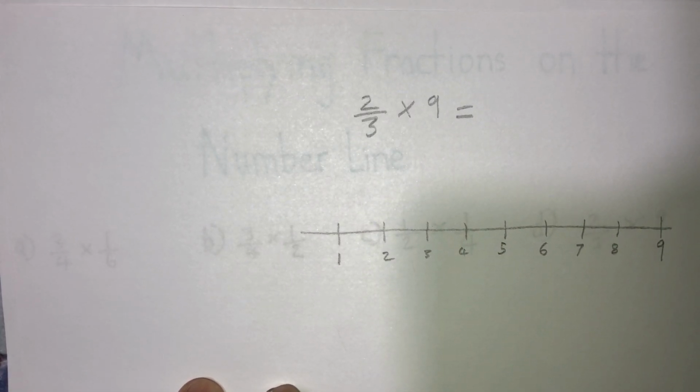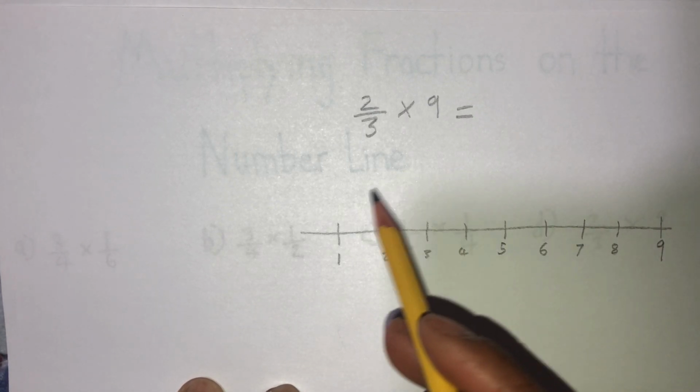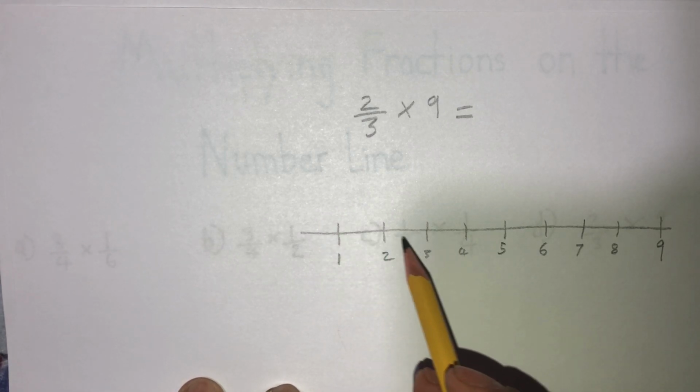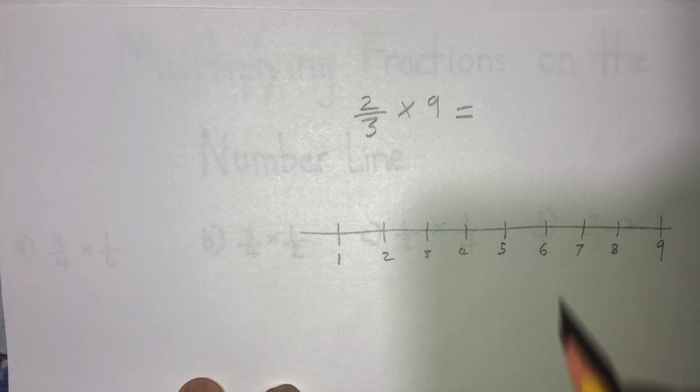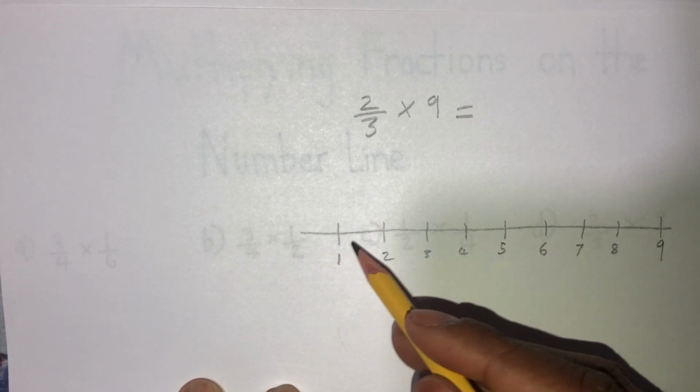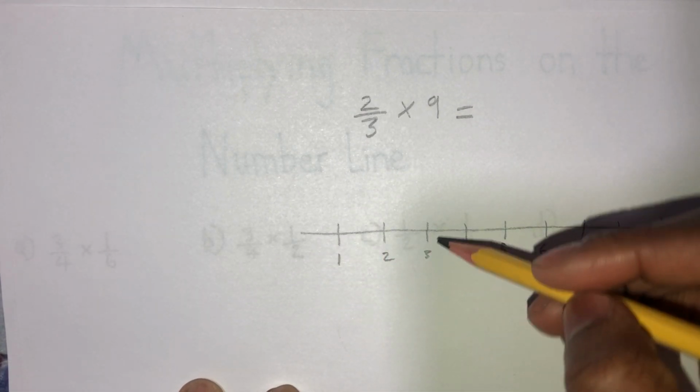Next, we are going to find 2/3 of the distance to 9. Therefore, we have to divide this entire section that comes before 9 into 3 equal parts. So 0, 1, 2, 3.